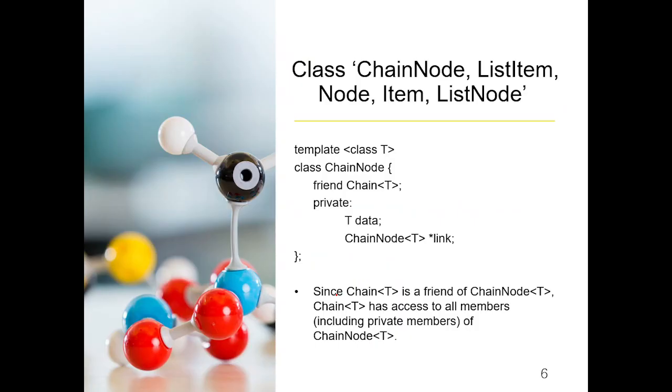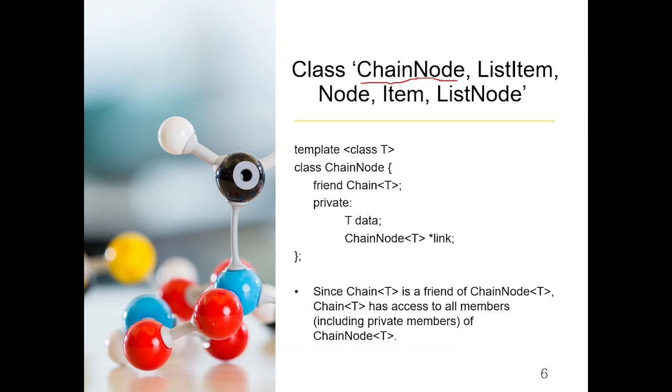Okay. So now, in order to implement this particular singly linked list, we need to create a class. That class can be called by different names. If you read different books, you'll find all these terms. The term chain node comes from, say, the book by Sartaj Sahni.